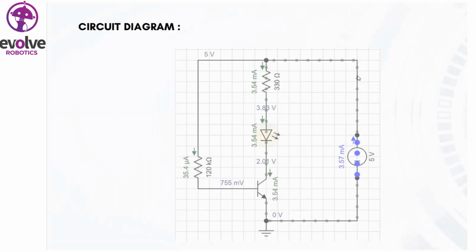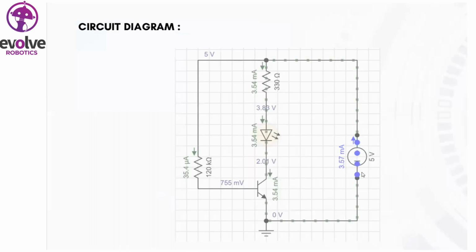And again, the positive side of the battery has a connection with the base through a 120 kilo ohm resistor. So this is the simple circuit diagram which I designed to show the working of a transistor as a switch. So in this circuit, what is actually happening?